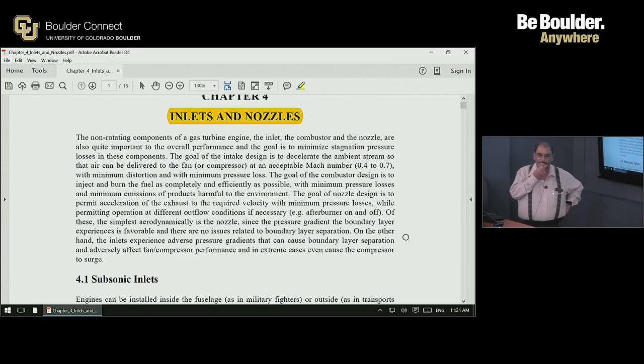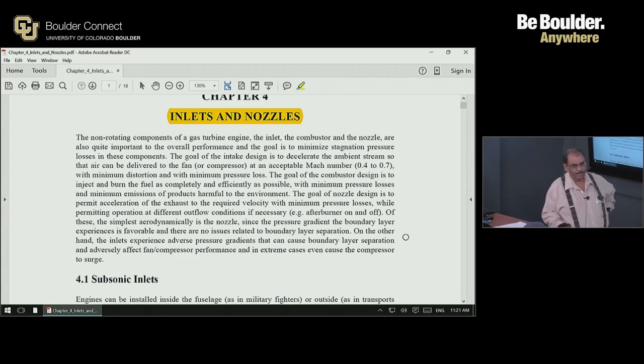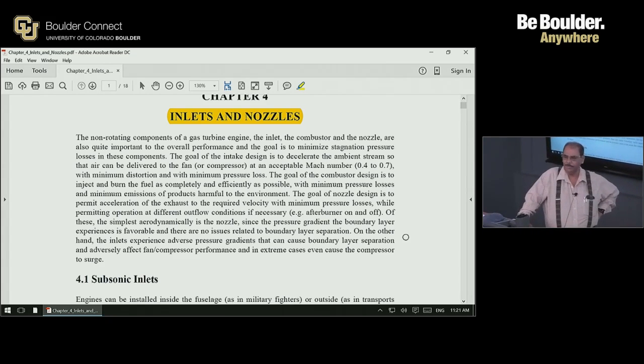Now the inlets have the task of delivering air to the engine at the proper Mach number without any distortion.